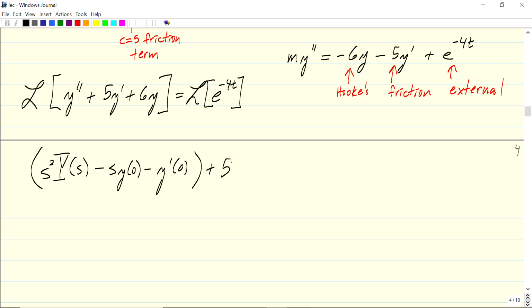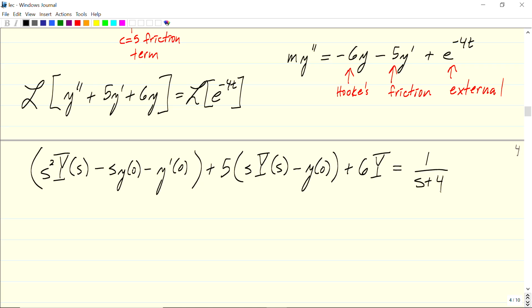Then the Laplace transform of the first derivative would be s times capital Y of s minus y at 0, plus 6 times the Laplace transform of little y. It's 6 times capital Y, I'm using the linearity. And then the Laplace transform of e to the minus 4t is 1 over s plus 4, which you can just calculate. It's an easy integral to calculate.